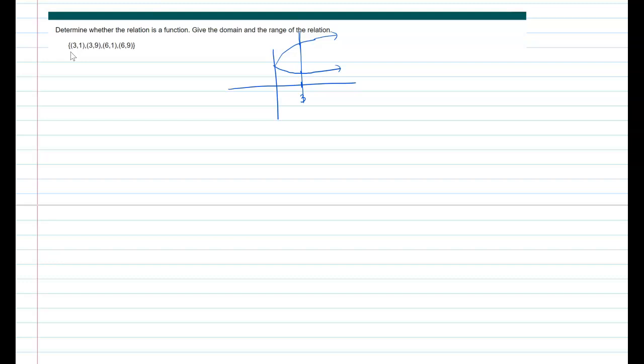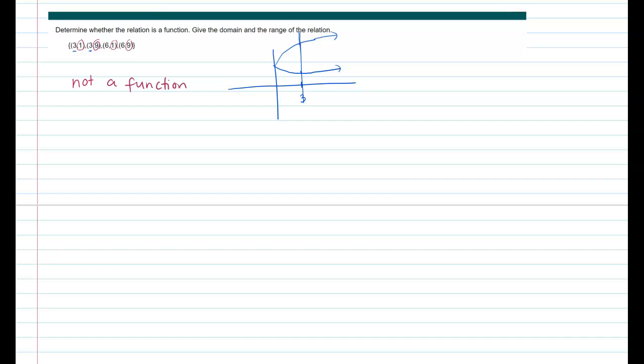So in this case, because we found an x value that is paired to two different y values, this is not a function.